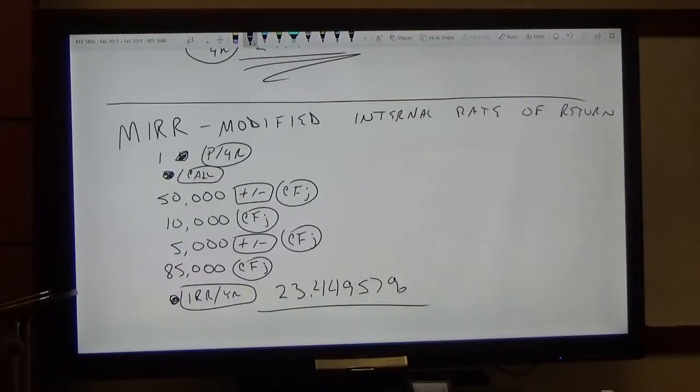All the modified internal rate of return is trying to do, simply put, is get a more accurate representation of what the true return is whenever you have those irregular cash flows or negative cash flows, and the impact that those have on your return calculations. That's all it's trying to do, okay?